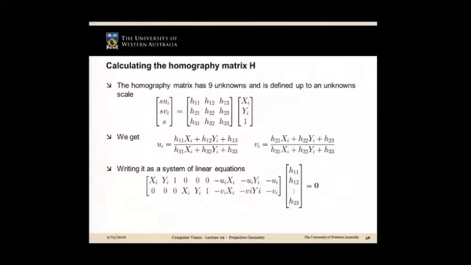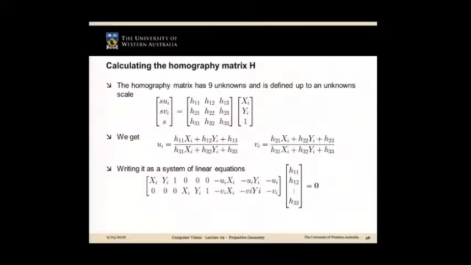But if you look at this matrix multiplication, what is S here? Just look at the calculation of S. How will you get S? You multiply the third row of the first matrix with the second vector, and you get H31 times xi plus H32 times yi plus H33, right?